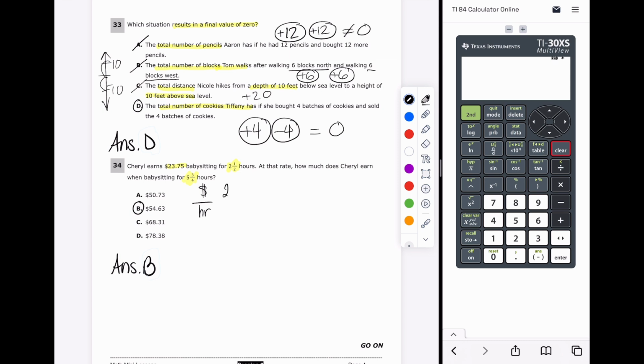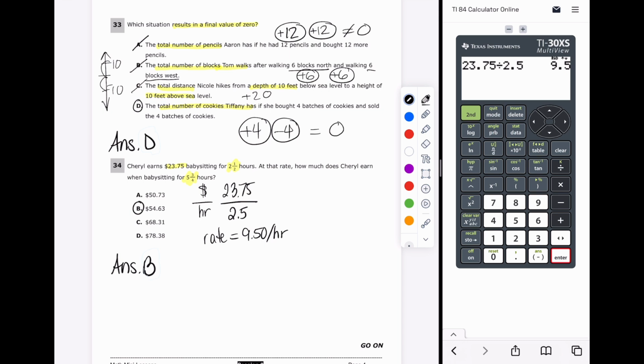She made $23.75 in, I'm going to change these to decimals for my sake, 2.5 hours. How much is she making per hour? I can just divide those. And so her rate is equal to $9.50 per hour.